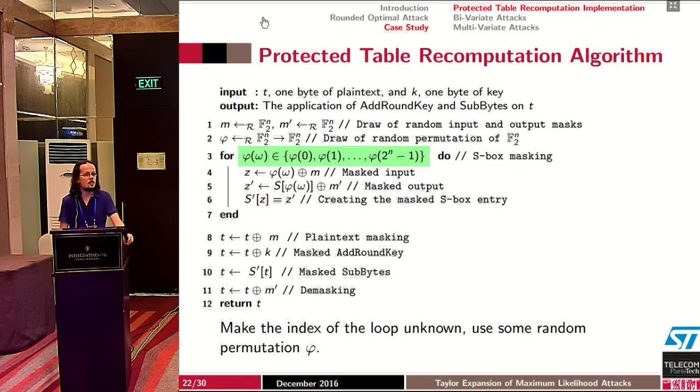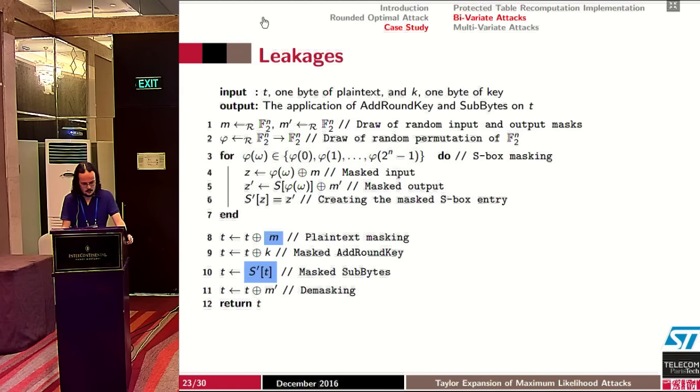In order to protect such an implementation against this attack, the classical countermeasure is to randomize the order of execution in the table recomputation, and it will need a random permutation here, pi. And here we are in the case of shuffling.